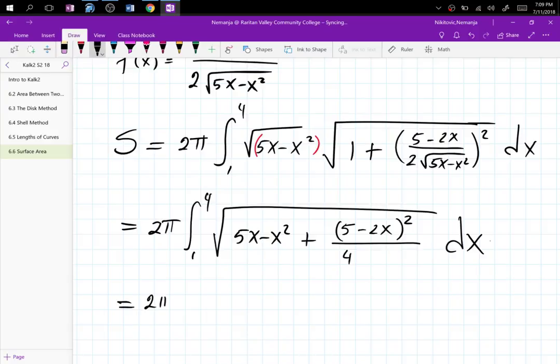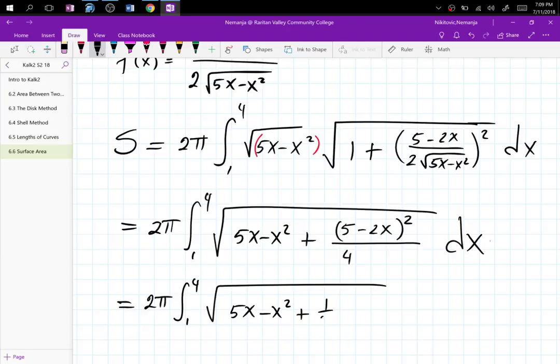So now I have 2 pi integral 1 to 4 square root of 5x minus x squared plus 1/4, and then we do the squaring over here. That's 25 minus 20x plus 4x squared.